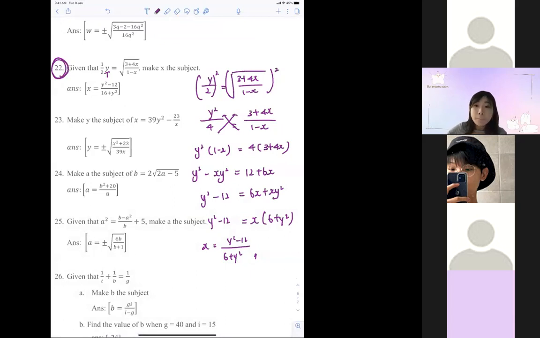Shouldn't the 6 be 16? Oh, yes, correct.